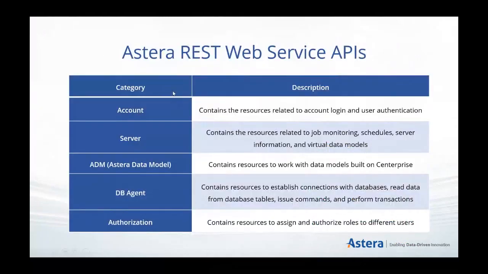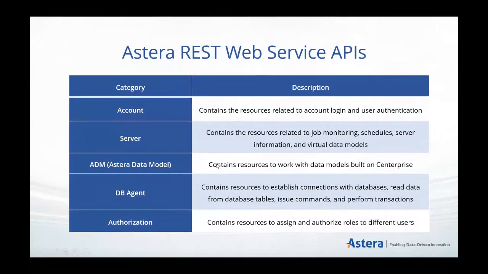And again, we have these APIs categorized in a very organized fashion, including the account category, which basically just contains information on who the users are, roles, etc. The server category includes job monitoring, schedules, server manipulation, and virtual data models.